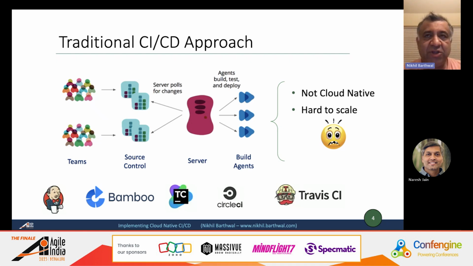Now, I should point out here that obviously the CI/CD space has evolved, so some of these things have been addressed. For example, modern CI/CD tools really don't believe in fixed build agents. They have the capability to have dynamic agents where you can switch these agents on and off.